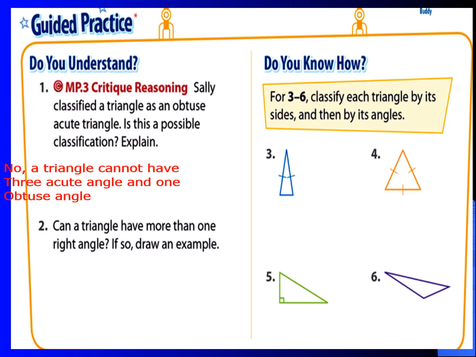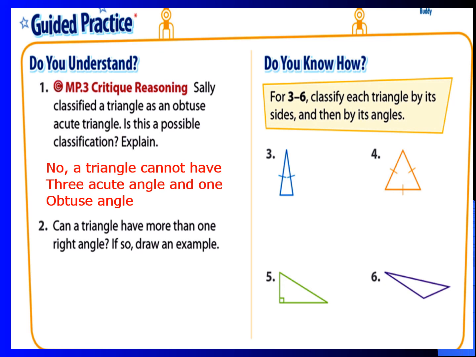So of course, guys, I cannot say that the triangle has one obtuse angle and two acute angles and also three acute angles. So the triangle cannot have three acute angles and one obtuse. Only one obtuse and two acute angles, which is going to be the obtuse triangle. So of course it cannot be like that, guys.